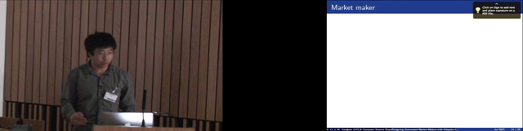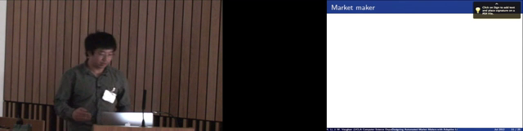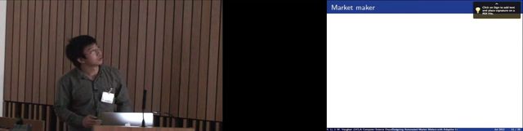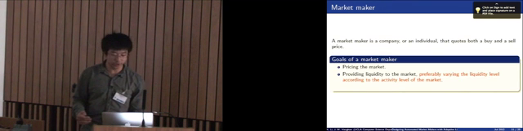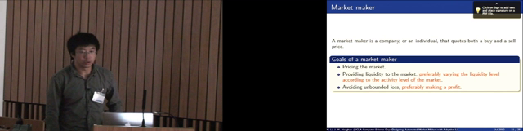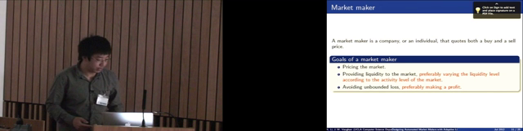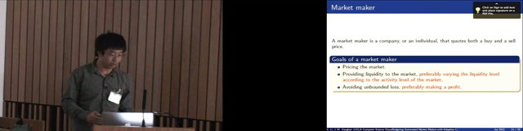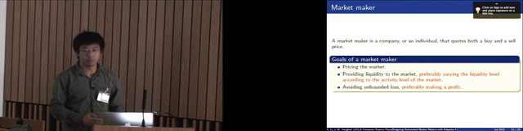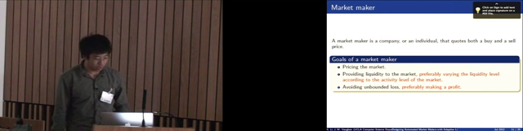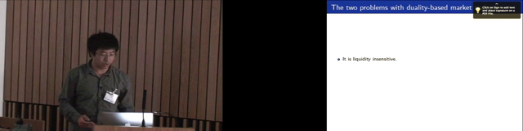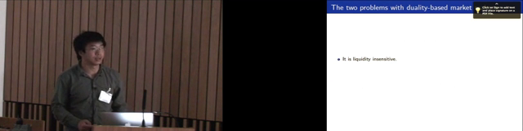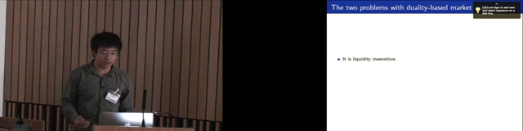To discuss the properties of duality-based market makers, let's review what we want a market maker to achieve. Here are the goals. Basically, duality-based market makers satisfy all the goals in black font, but not the red ones. Particularly, the duality-based market maker is liquidity insensitive, which we'll define in the next slide.